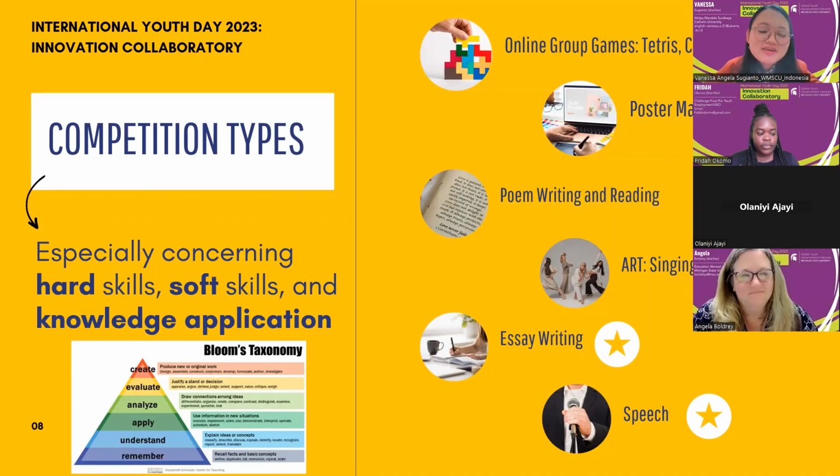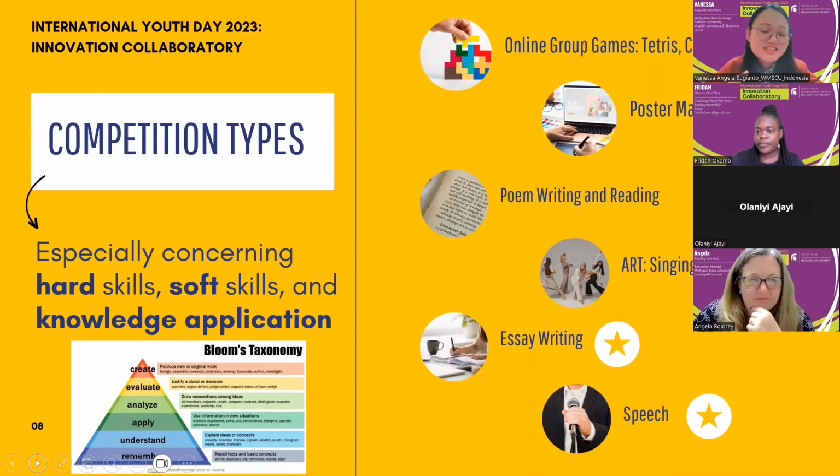So now let's pay attention to the writing on the left part of the slide. From those competition types, we can facilitate the youth to enhance their hard skills, soft skills and knowledge application.